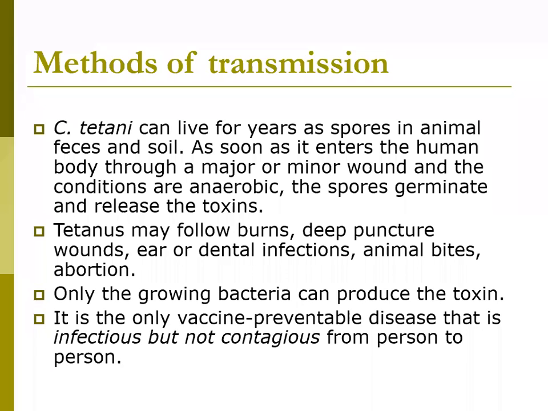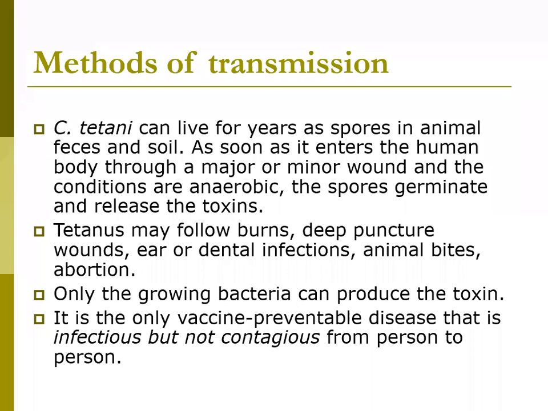It is the only vaccine-preventable disease that is infectious but not contagious from person to person. If we say that a disease occurs, most of the time it is contagious. I am sure everybody knows what is meant by contagious. So it is not contagious, and it can be prevented with the help of vaccines.